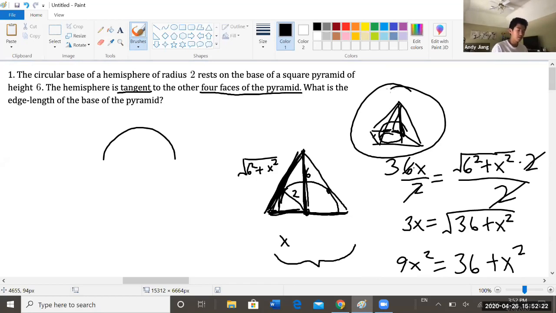And in this case, this 2D view, looking at it straight ahead, is going to be the most useful because here is where the hemisphere is tangent to the side faces. And then taking this view, I can now find the value of x and then solve for the whole base, right?